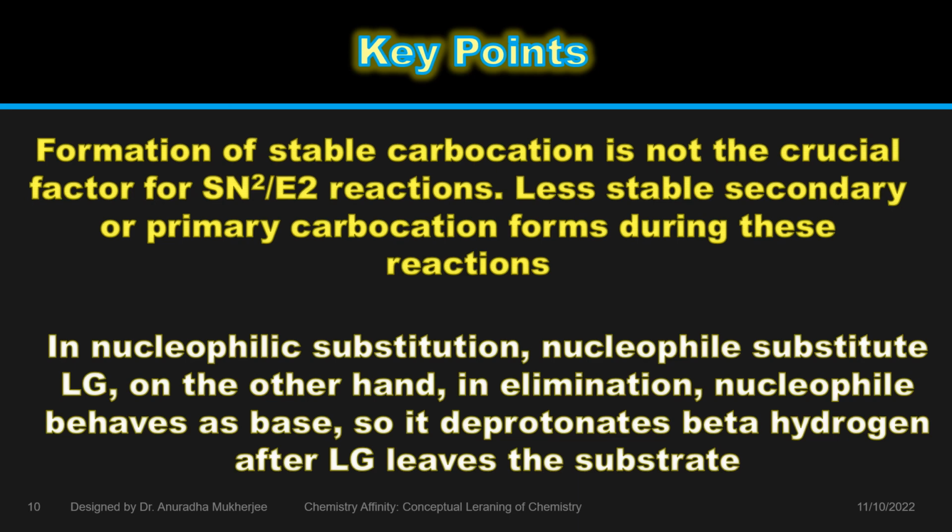Last but not least, in nucleophilic substitution reaction, the nucleophile substitutes the leaving group of the substrate. But in elimination reaction, the nucleophile behaves as a base. So it deprotonates the beta hydrogen and forms an alkene molecule.